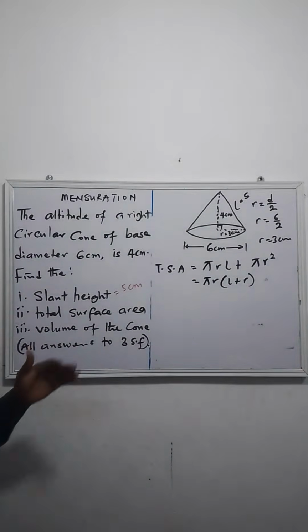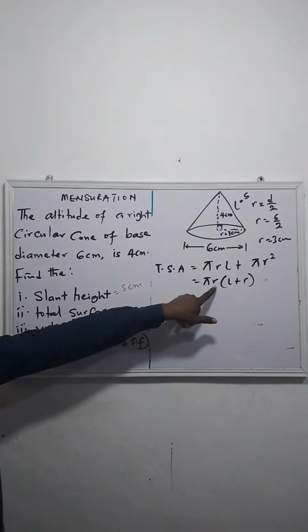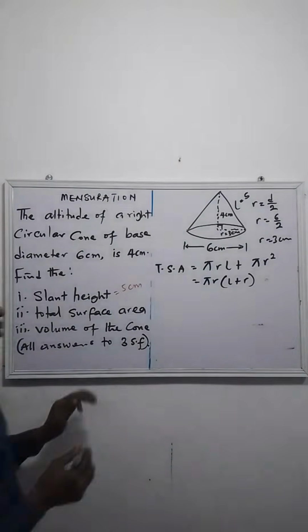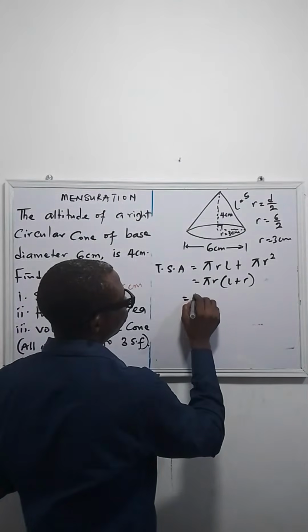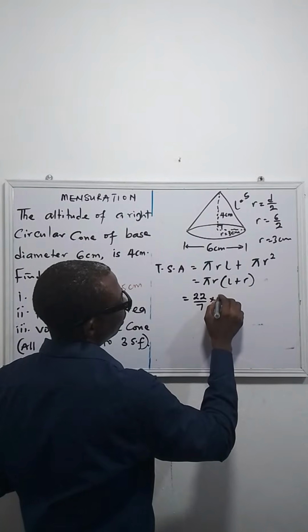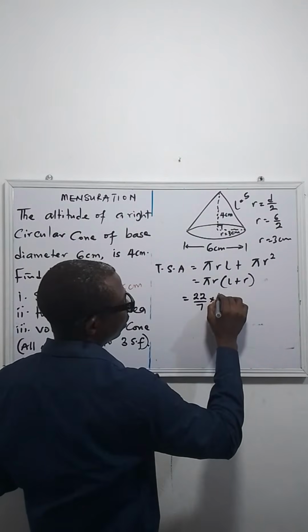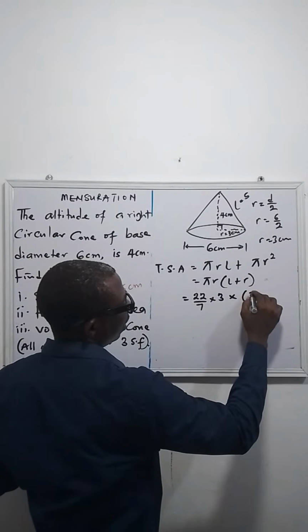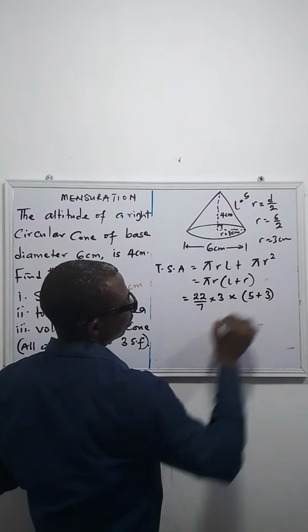So now let's plug in the values, the radius and the slant length. We have gotten the slant length before. So we have 22 over 7 times 3, the radius is 3, times the slant length, that's 5, plus 3.